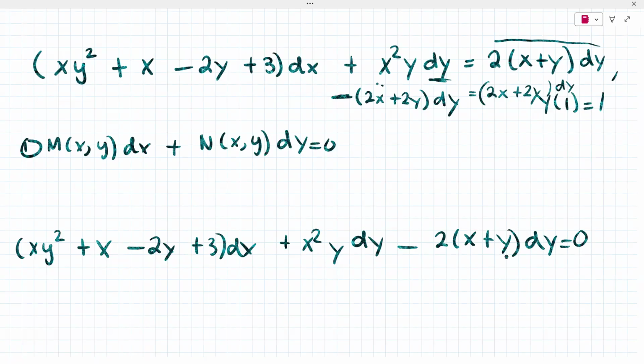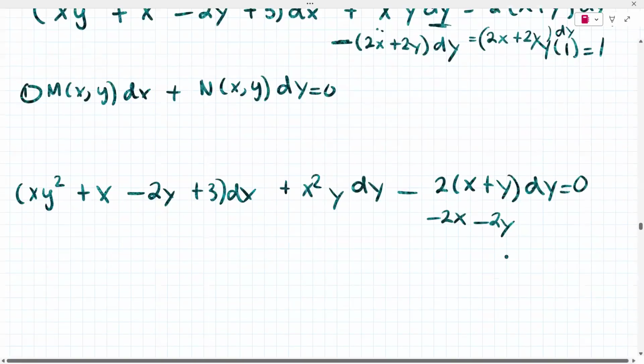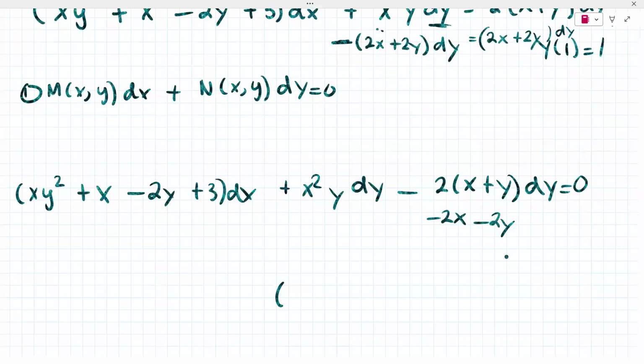You can't really collect, so this is negative 2x minus 2y, but you could put them all in one parentheses.